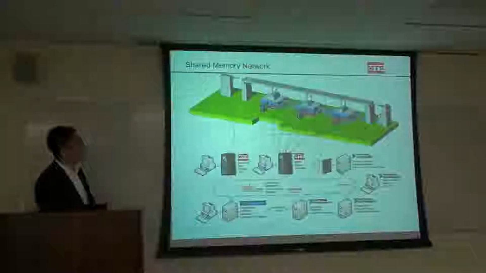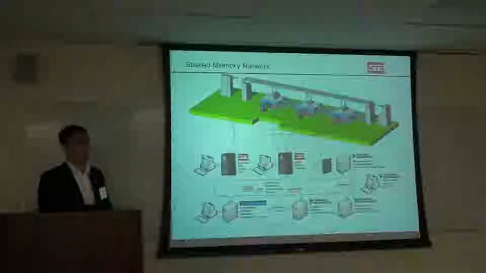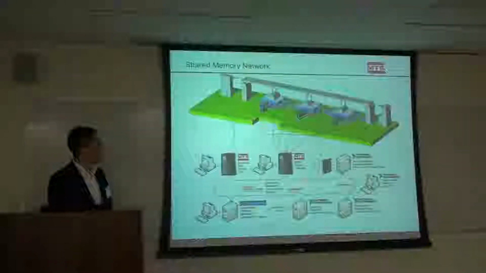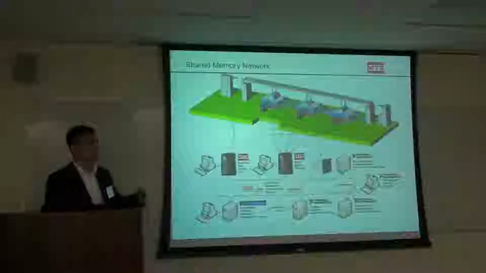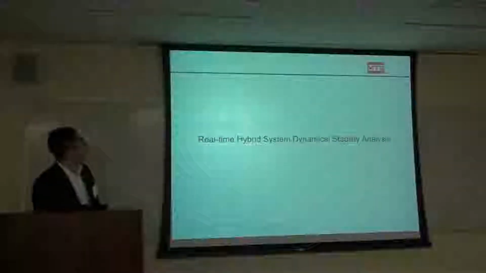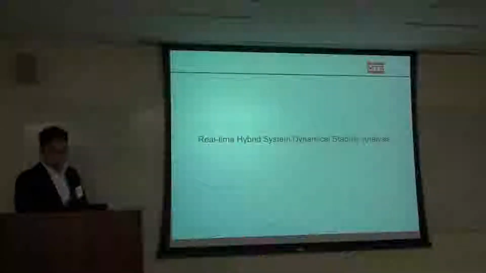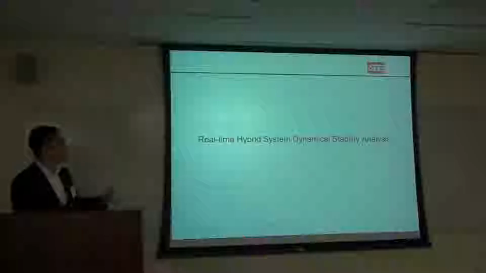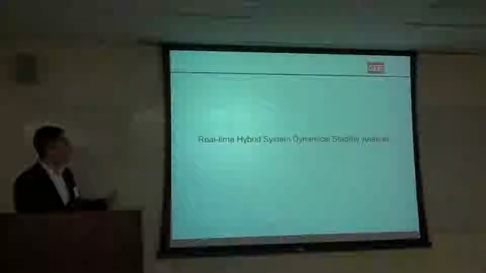So when you have a very large and complicated test setup, this reflective memory helps you keep up the real-time constraints of your system. So that's just a quick overview, and then I'm going to get a little bit technical about dynamical systems and stability analysis of a real-time hybrid system.